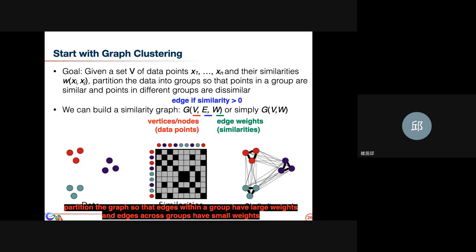And the edges across the groups should have small weight. That means if data points belong to different groups, their similarity should be pretty small, meaning they are dissimilar.